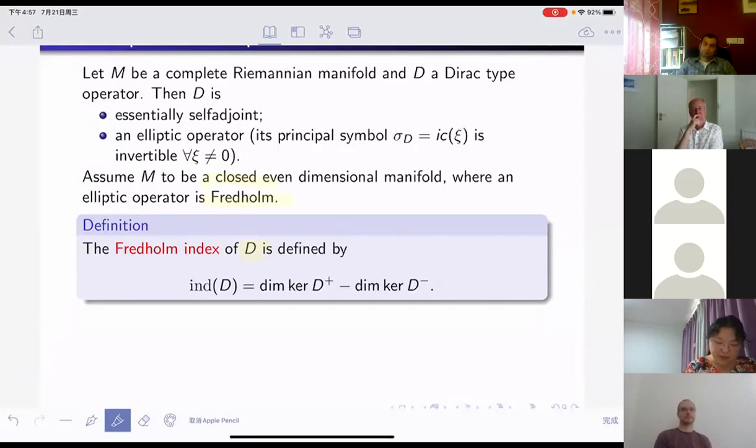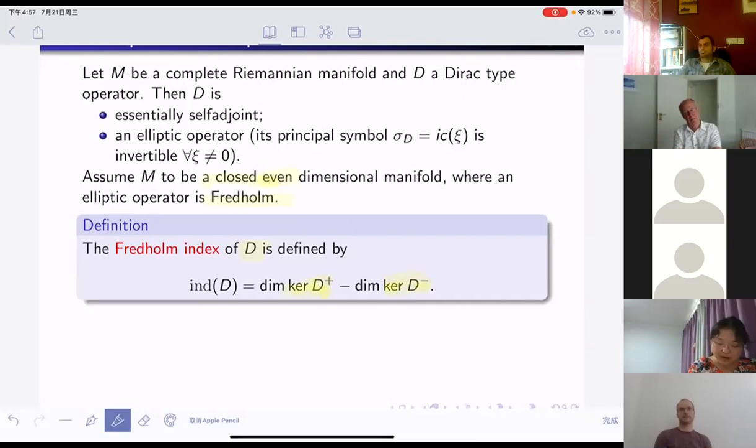But here we are actually considering an even manifold case, where we only view the plus part of the operator. So the kernel of this operator is this one, and the co-kernel of D plus is just the kernel of D minus, and this is defined as the Fredholm index of D.